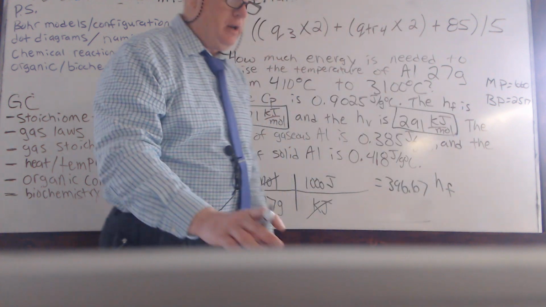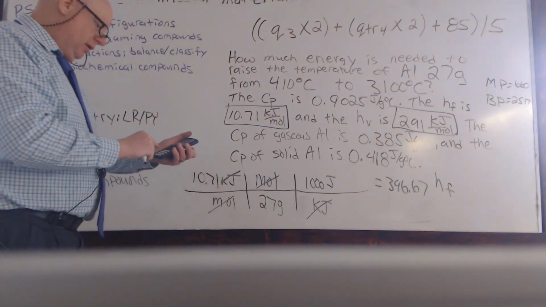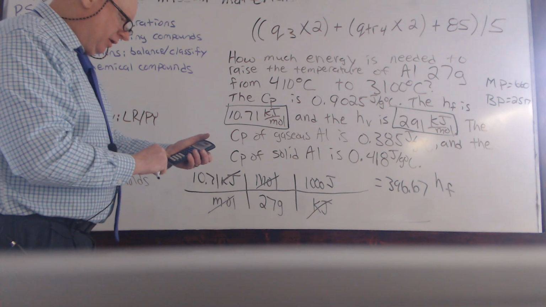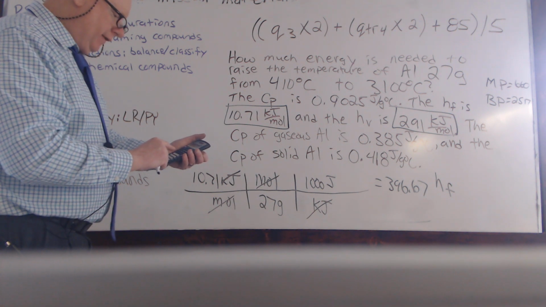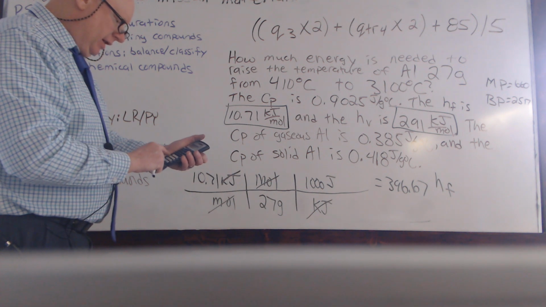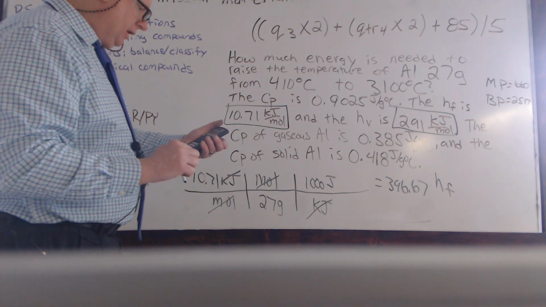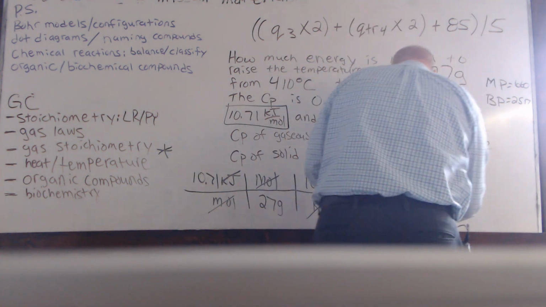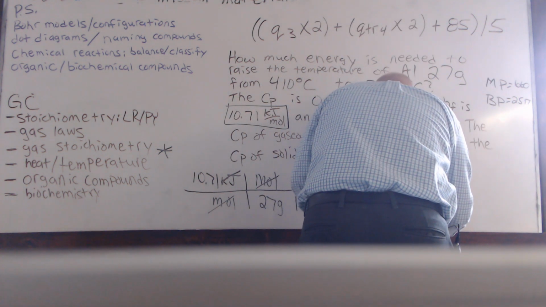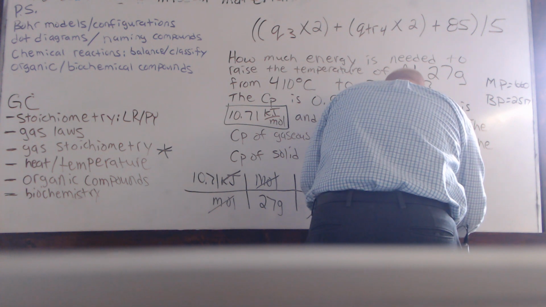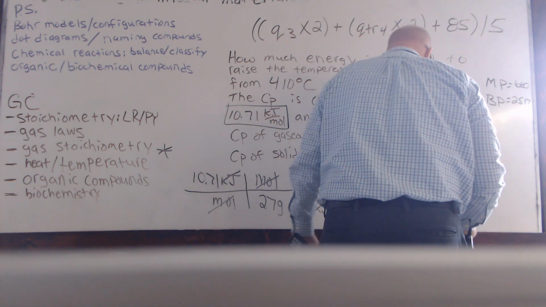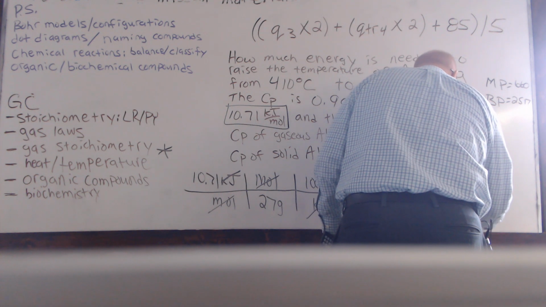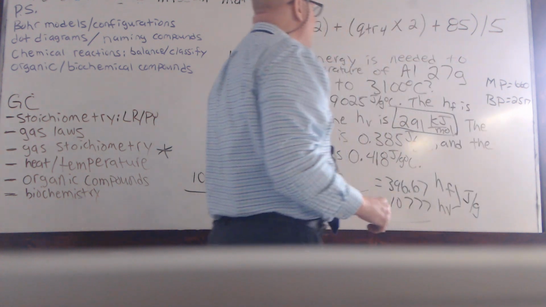We'll do the heat of vaporization next. 291,000 divided by 27 gives you 10,777. Now we have both of these in joules per gram, so now we can proceed.